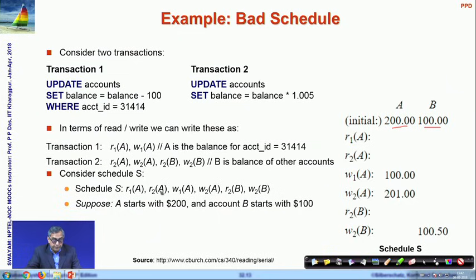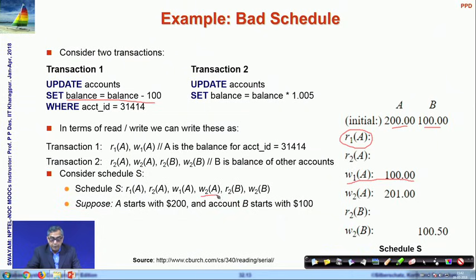Then you do W1A, the write of transaction 1. Transaction 1 writes after debiting this balance, which is the intermediate computation. It writes based on the value that it had read in R1A, which was 200, then 100 debited. So, it writes back 100.